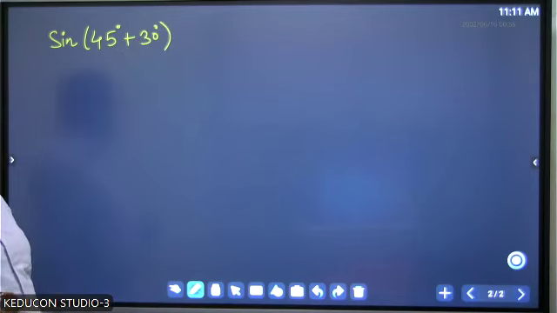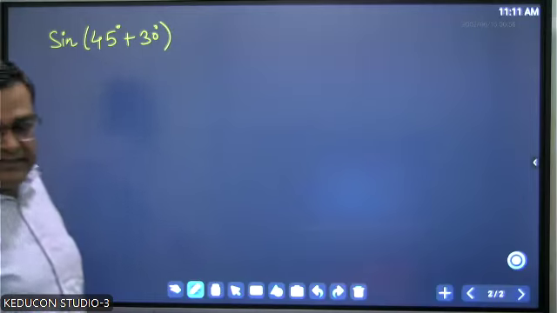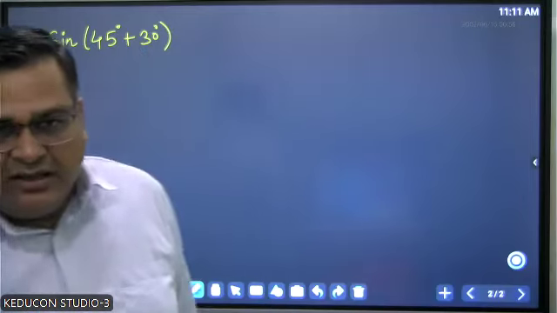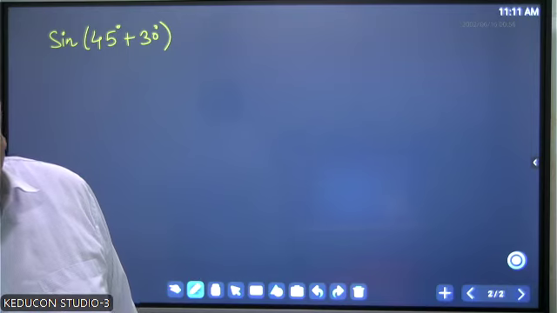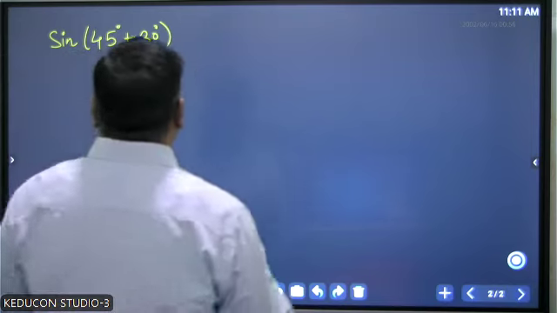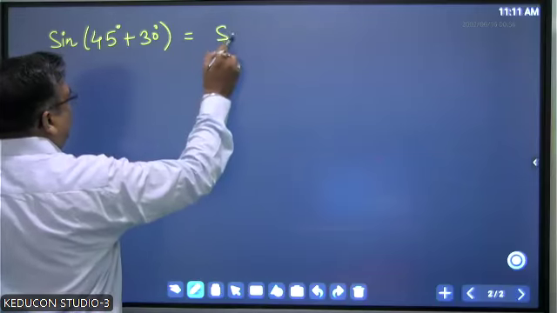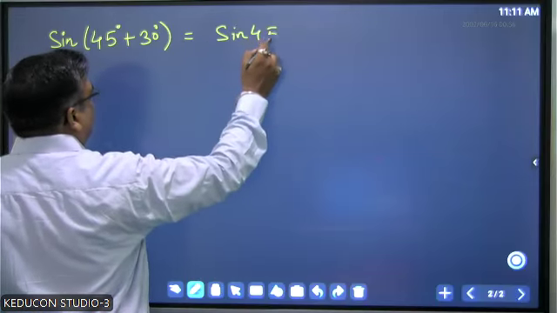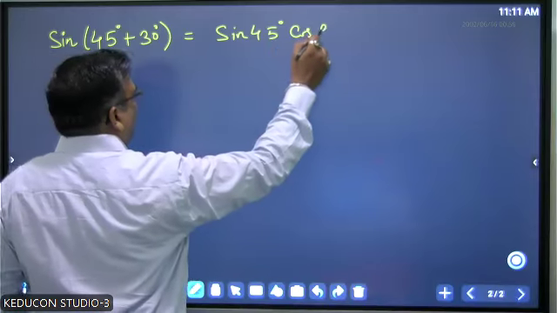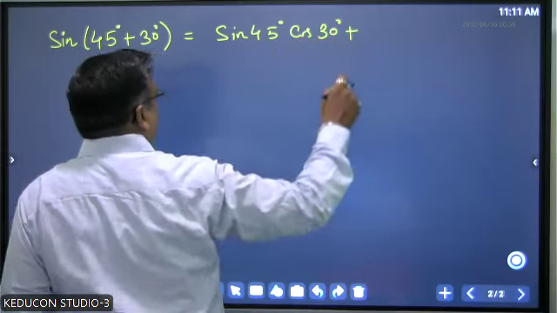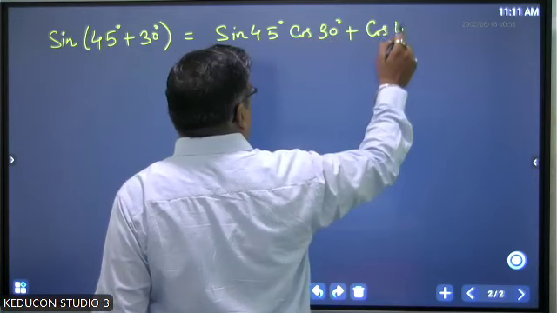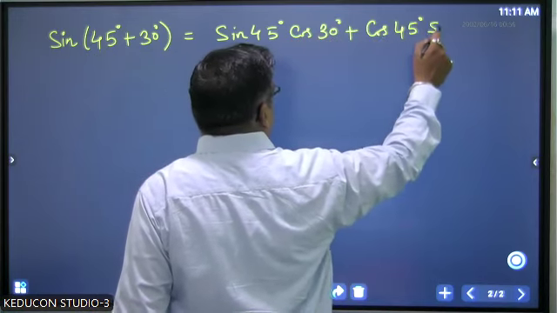What does this become? Sine A cos B plus cos A sin B. So this will become sine 45 degree cos 30 plus cos 45 sin 30.